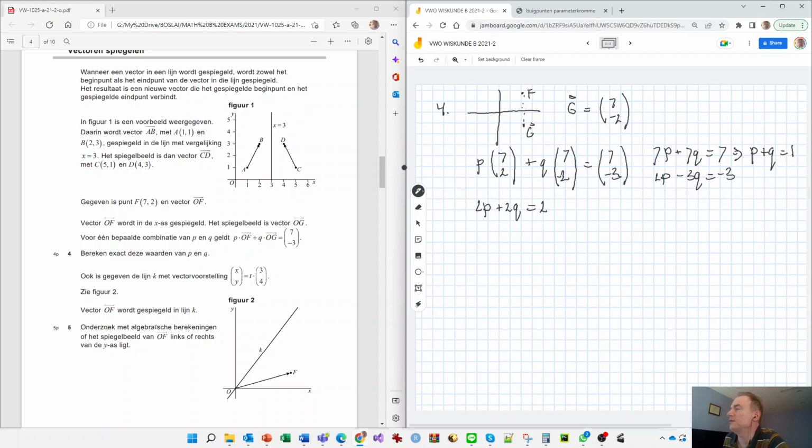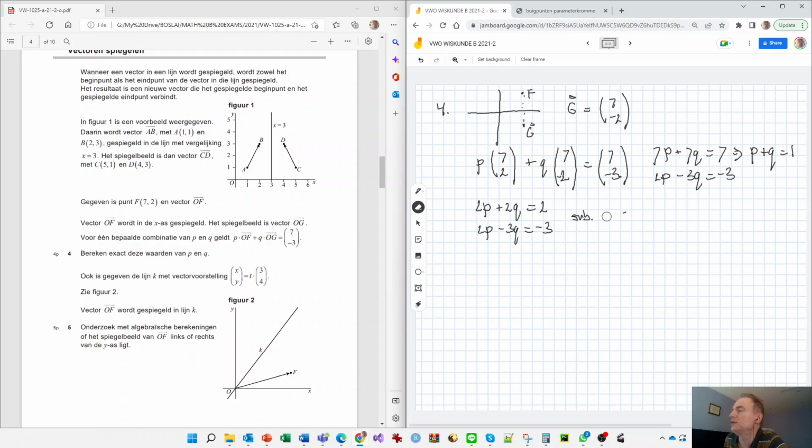That all should give the same answer. Minus 3Q, I keep this. And subtract the second. And then I get minus 5. You see, I only make a mistake.